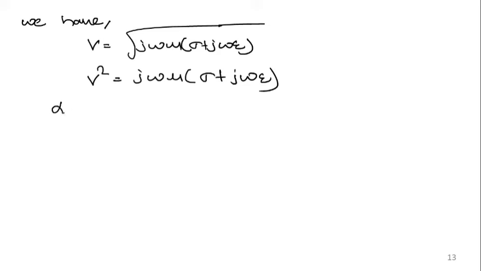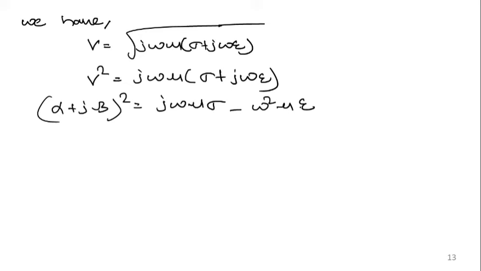So (alpha plus j beta) the whole square is equal to j omega mu sigma minus, j into j will become j square is -1, so minus omega square mu epsilon. So we are going inside.